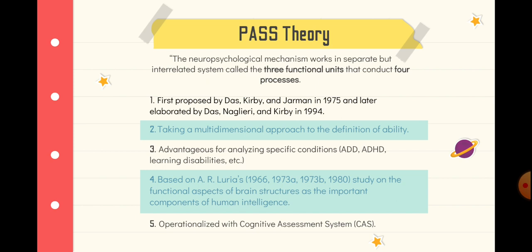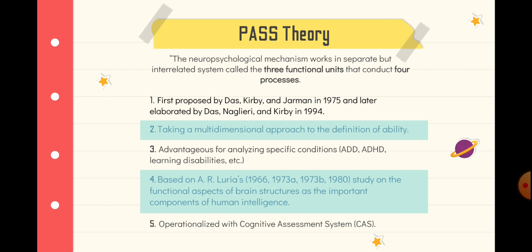They proposed that the three functional units and four processes are important components of human intelligence. So human intelligence has components that are the three functional units with their four processes.